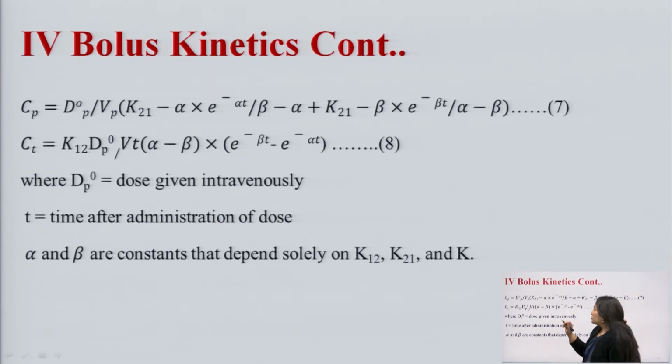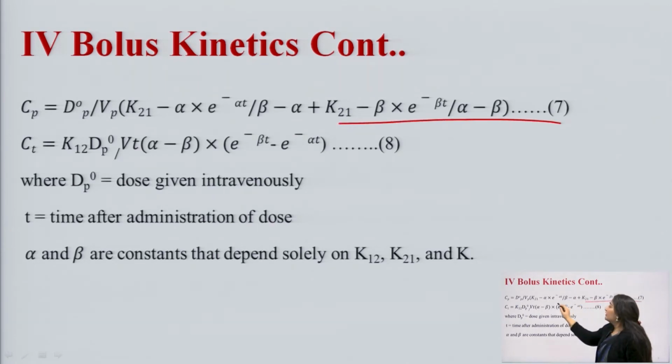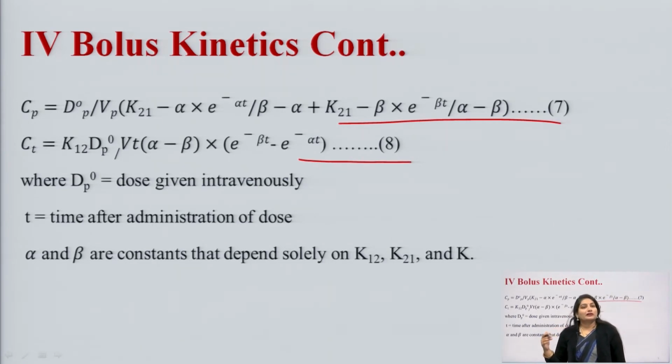Okay. Equation number 7 is d naught p upon Vp into K21 minus alpha into e raised to the power minus alpha t upon beta minus alpha plus K21. Okay. This is equation number 7 that we get by solving equation number 5, and equation 8 we are getting by solving equation number 6.